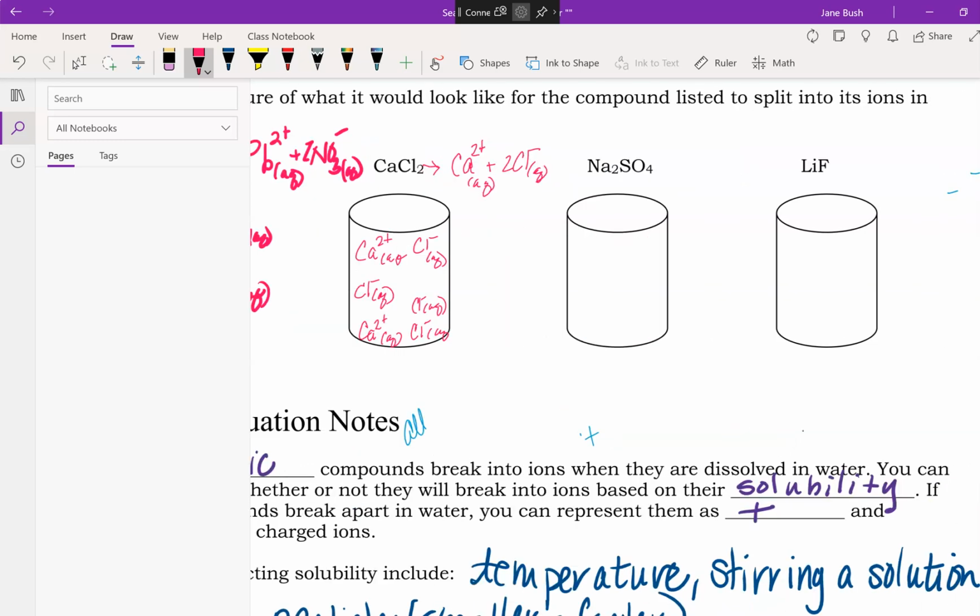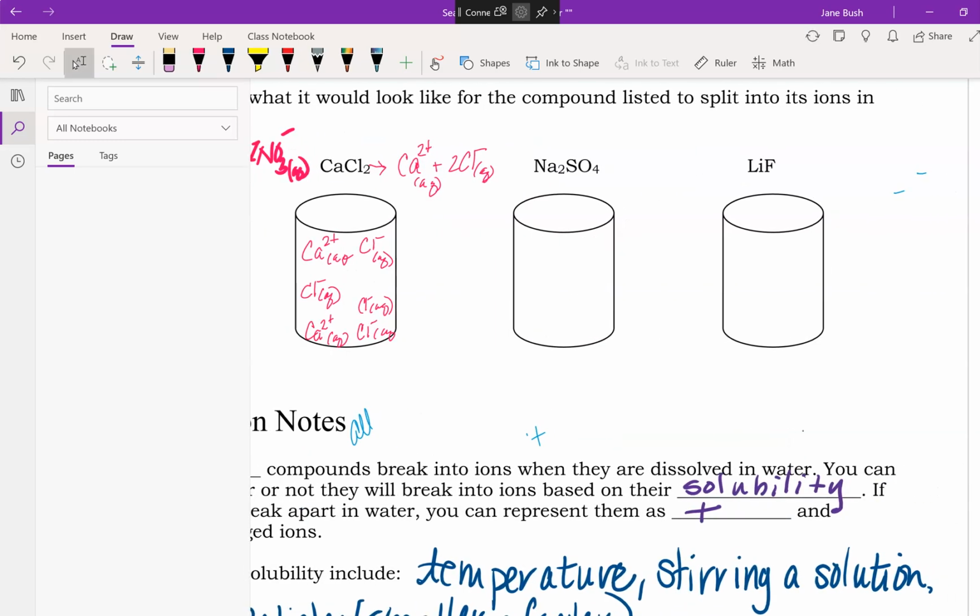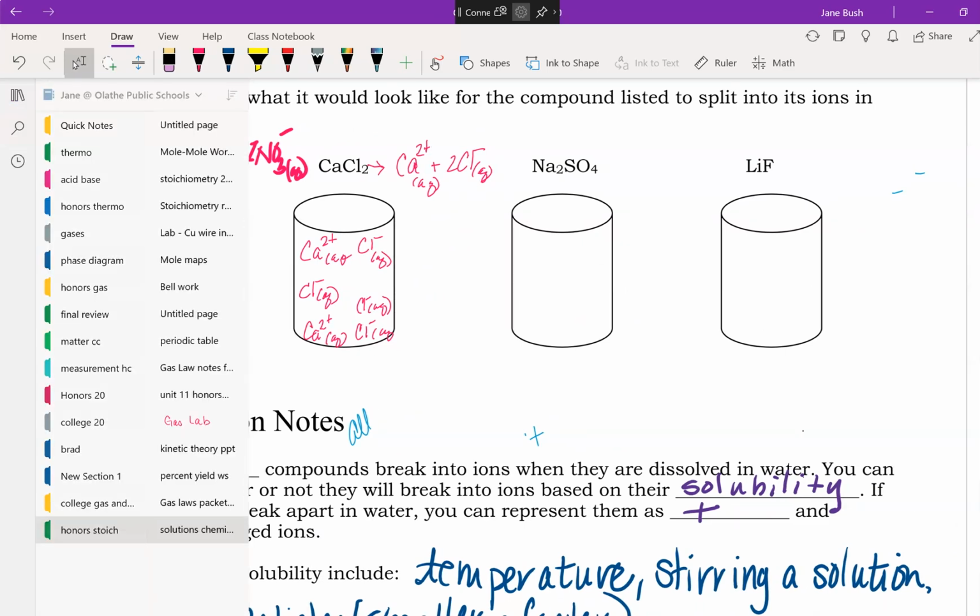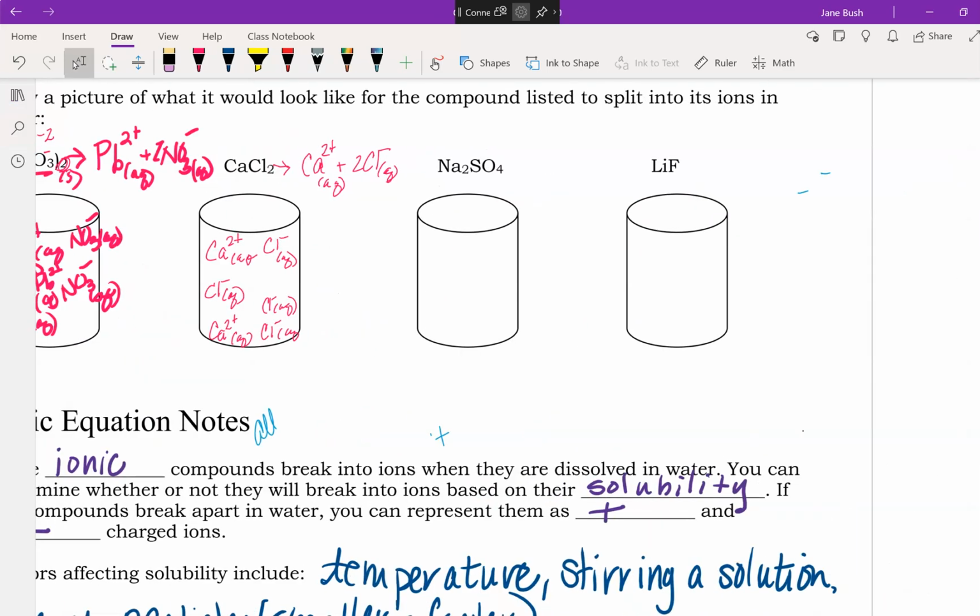The next one, sodium sulfate, is going to break into 2 sodium ions for every 1 sulfate ion. So now you're going to have 2 sodiums for every 1 sulfate.